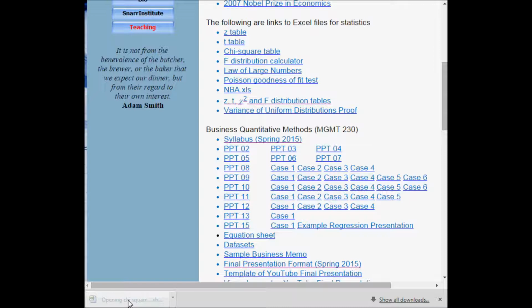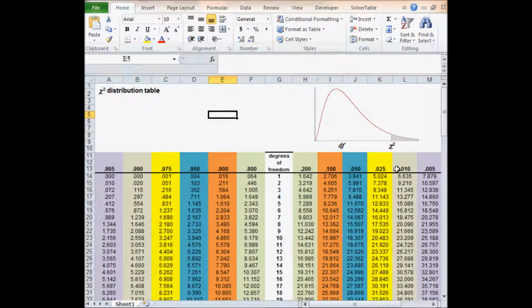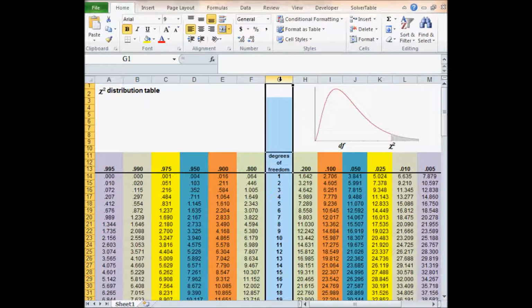When you open it, the columns are color coordinated. I also have the degrees of freedom down the middle. Why do I do that? Because the degrees of freedom is the center, or is associated with the hump of the chi-square distribution.